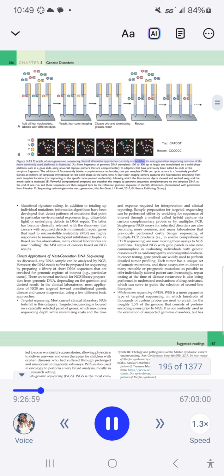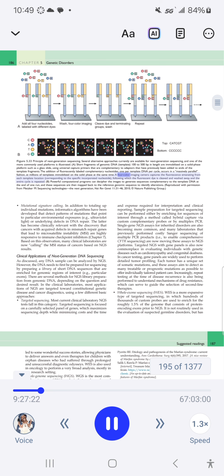Several alternative approaches currently are available for next-generation sequencing, and one of the more commonly used platforms is illustrated. Short fragments of genomic DNA template 100 to 500 BP in length are immobilized on a solid phase platform such as a glass slide, using universal capture primers that are complementary to adapters that have previously been added to the ends of the template fragments. The addition of fluorescently labeled complementary nucleotides, one per template DNA per cycle, occurs in a massively parallel fashion at millions of templates immobilized on the solid phase at the same time.